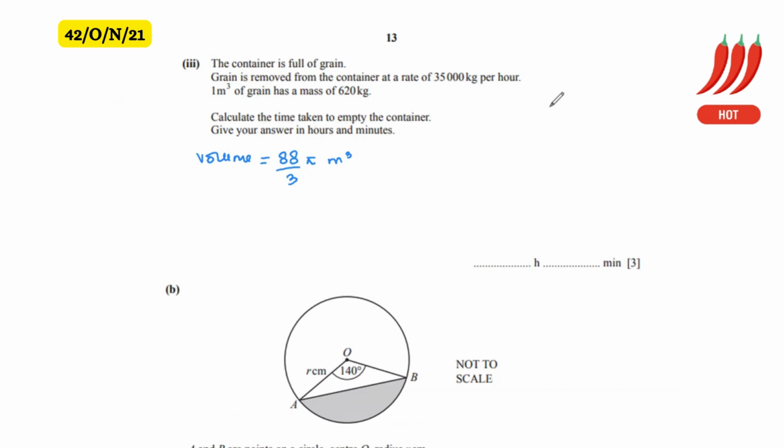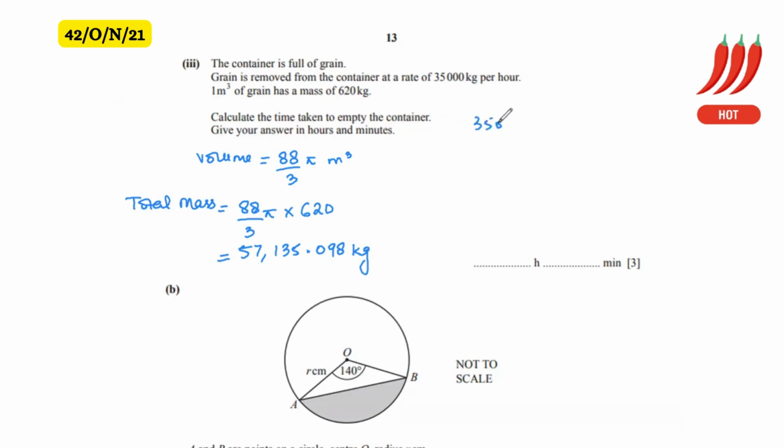So first we find the total mass of the grains in the container. So total mass would be the volume times the mass of 1 meter cubed of grain. That is going to give us 57,135.098 kgs. The rate at which the grain is being removed is 35,000 kg per hour.